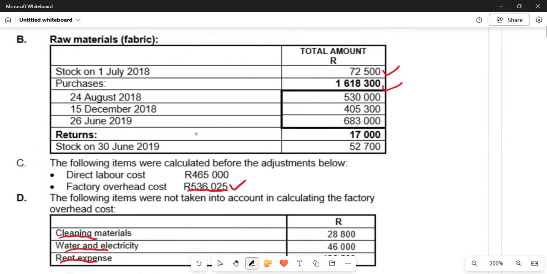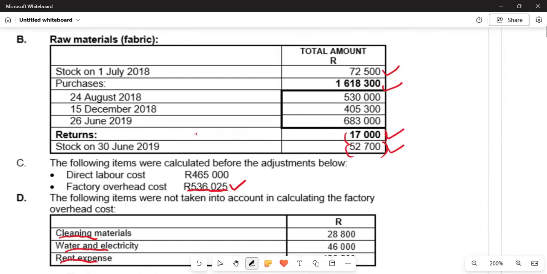We also have the returns, which we are going to subtract, because these are purchases returns. We return the goods, maybe because of faults, defects, or problems that the products were having. Also, we have the remaining stock, which is our closing stock at the end of our financial year, which as well we are going to subtract when we calculate our direct material cost.